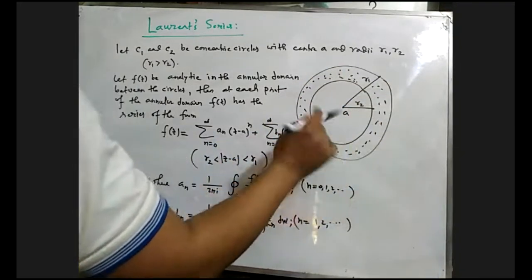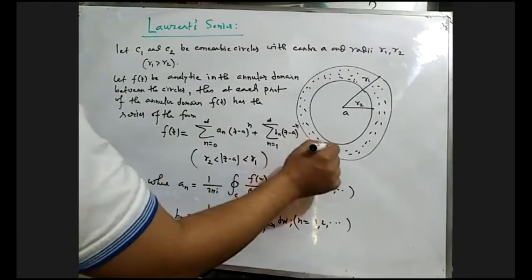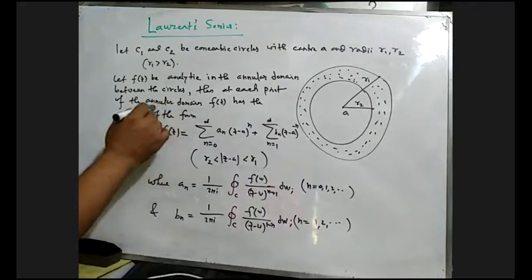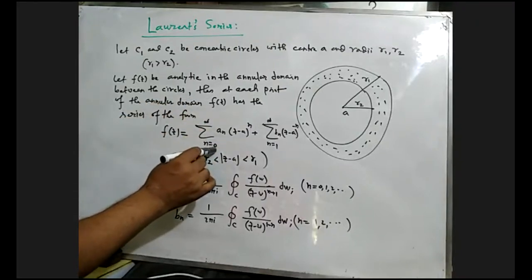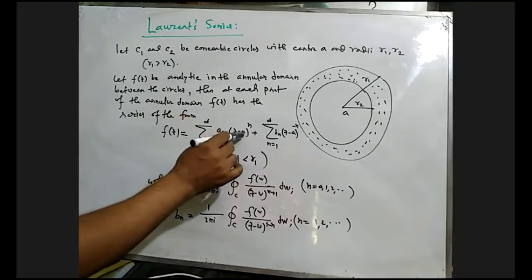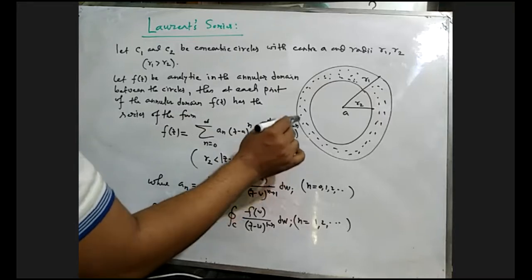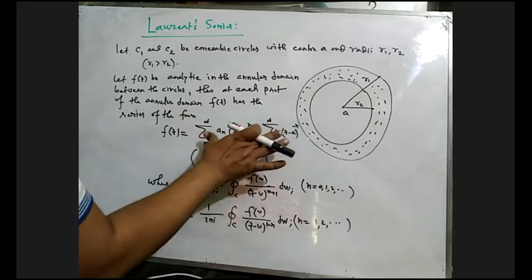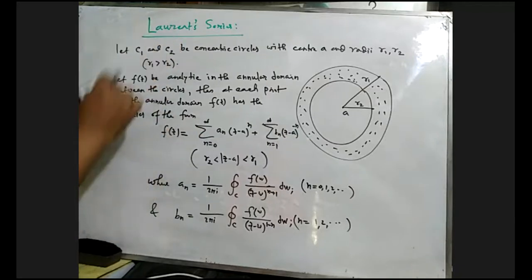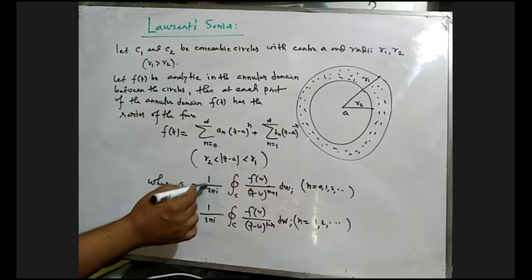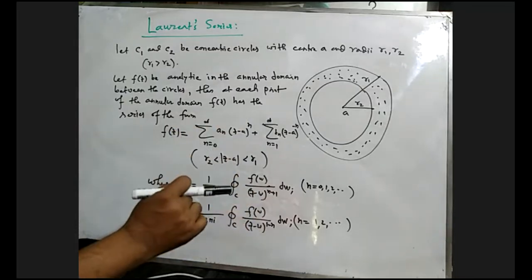This part is the annular part, so this domain is also called the annular domain. f(z) has a series of the form sum from n equals 0 to infinity of an (z minus a) to the power n, plus sum from n equals 1 to infinity of bn (z minus a) to the power minus n. Remember, this whole series of that analytic function is called the Laurent series, where the coefficient is given by this. This is actually Cauchy's integral formula.